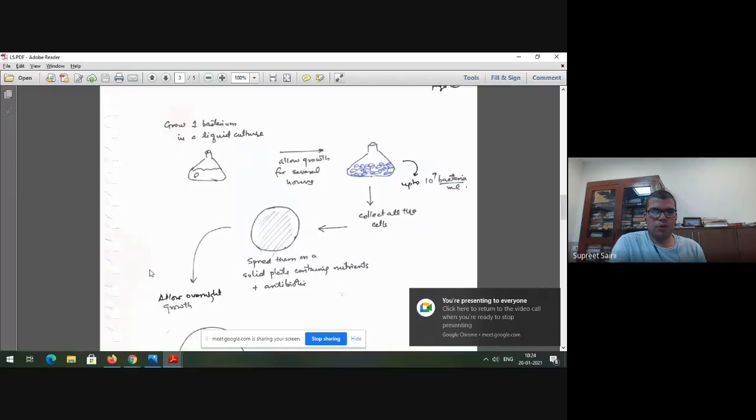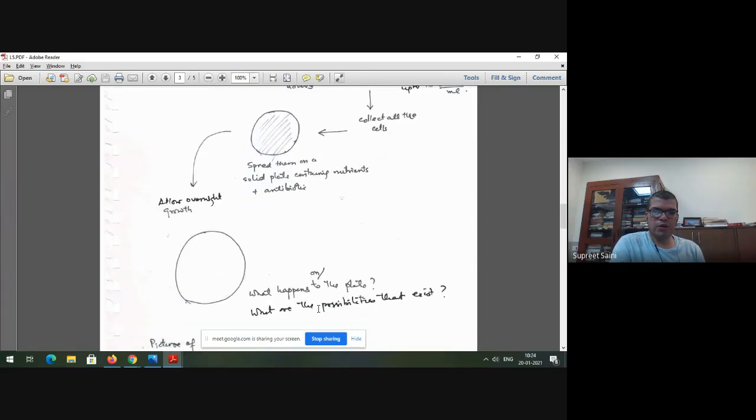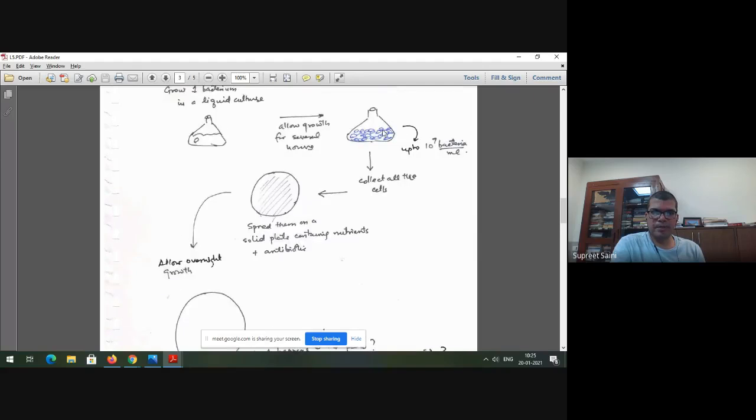So I've written here what are the possibilities that exist. One of the possibilities is that you don't see anything, because none of these 10 power 12 bacteria carried the mutation. Let's say there was 1 mutation which conferred resistance to the antibiotic. And it just happened that none of the 10 power 12 bacteria, when spread on this, had that mutation, in which case everybody dies.